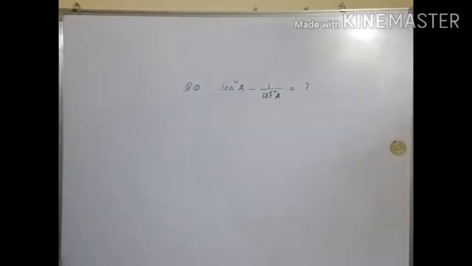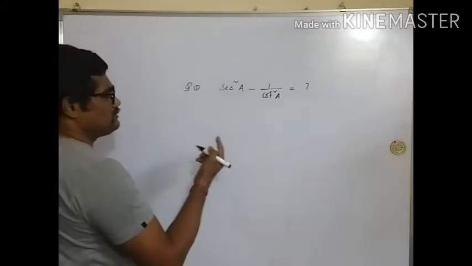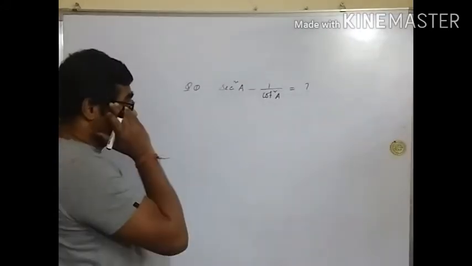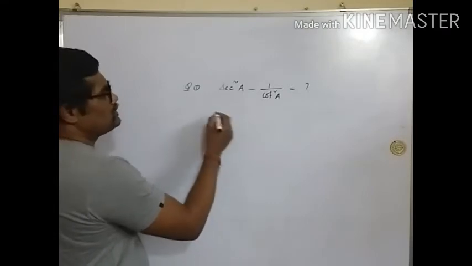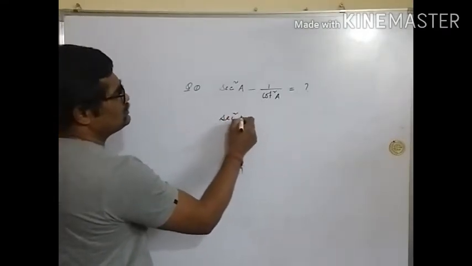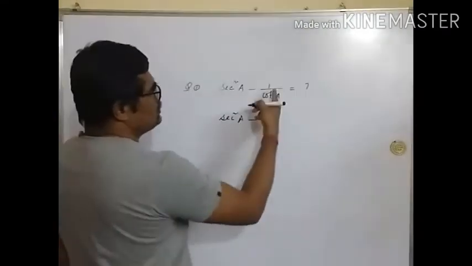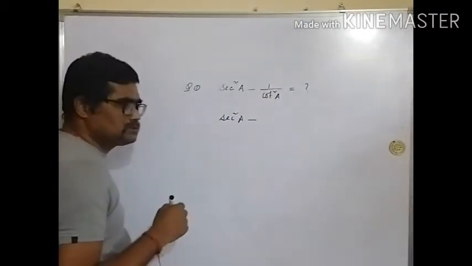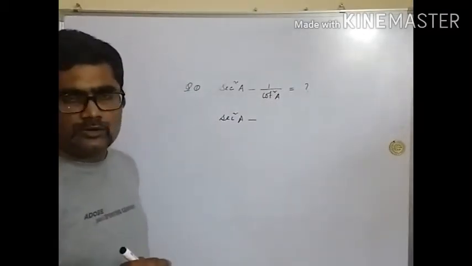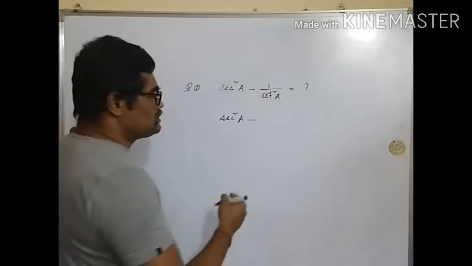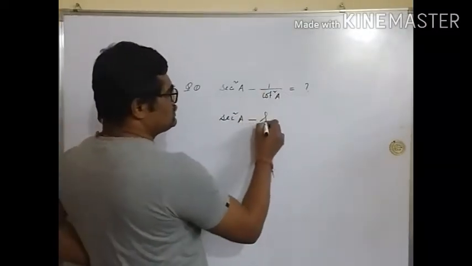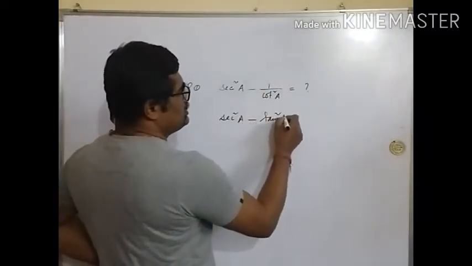At first look, you might feel confused, but once you get comfortable, see how we'll reduce it. Let sec square stay as it is. 1 by cot, can you remember what 1 by cot equals? It is tan. So 1 by cot square will be tan square.